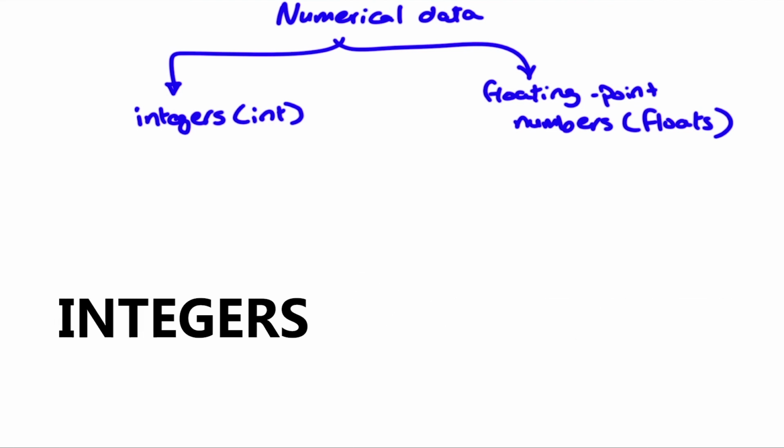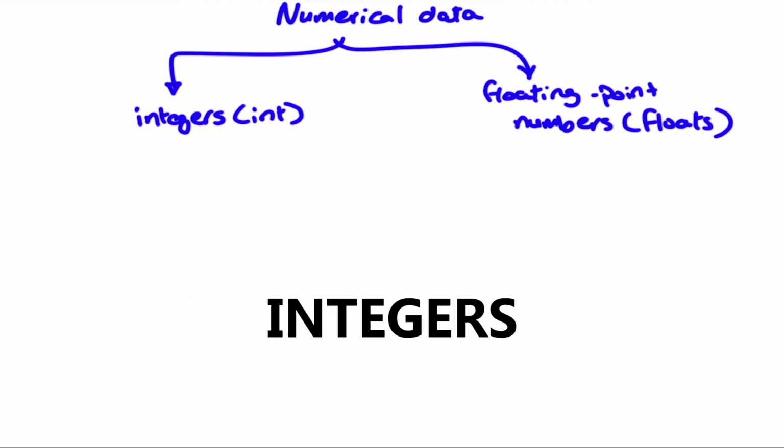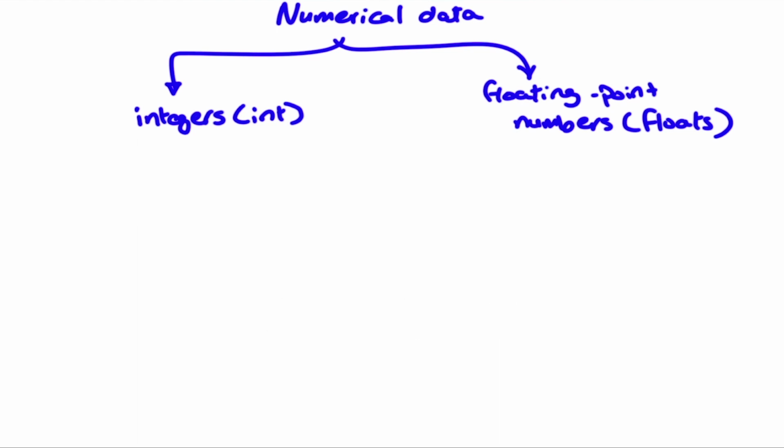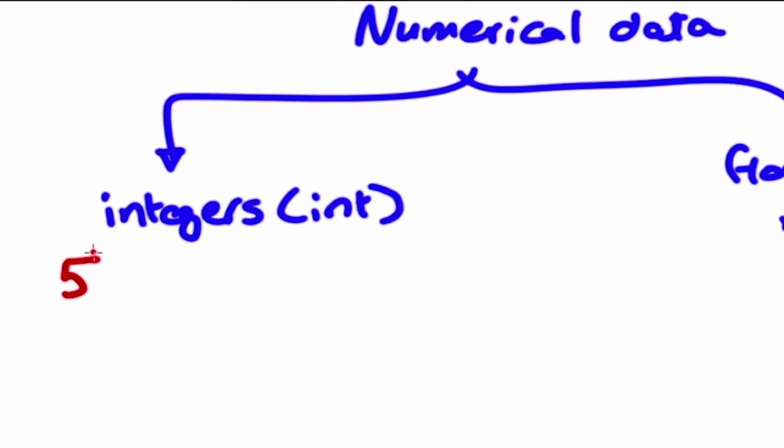Let's start with integers. When we talk about integers, we're basically talking about whole numbers, numbers that can be written without any fractional component. For example, the number 5 is an integer. It doesn't have any fractional component. The number 4, same thing.